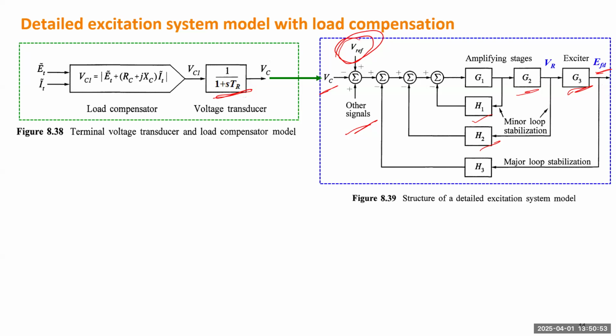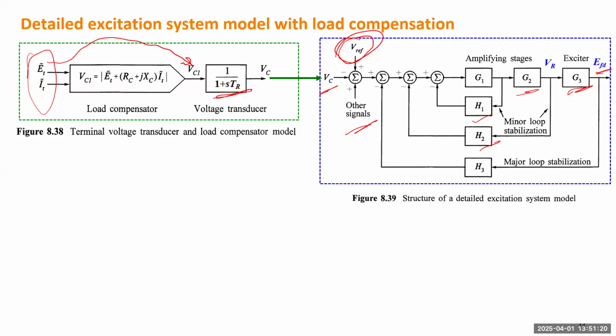The TR can be very small, just the same as TR earlier. It's called the voltage transducer. And on this side, you measure terminal voltage as well as terminal current. If you only measure terminal voltage, you give this signal directly to this transducer, you're going to only control the terminal voltage.